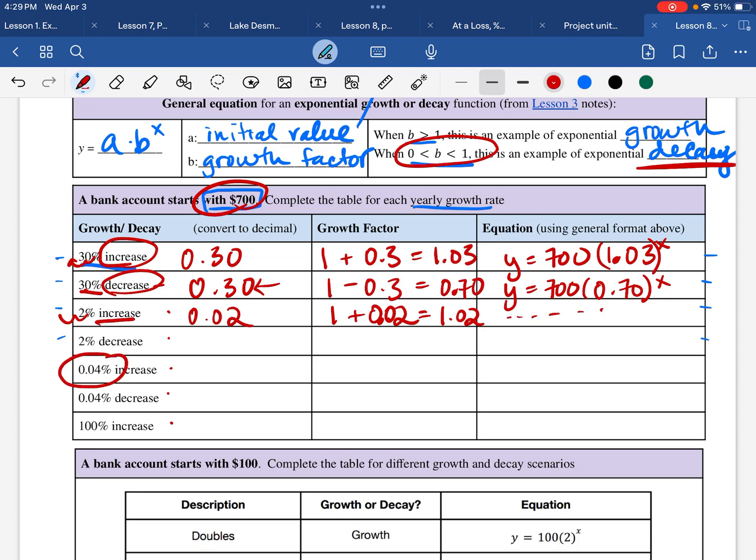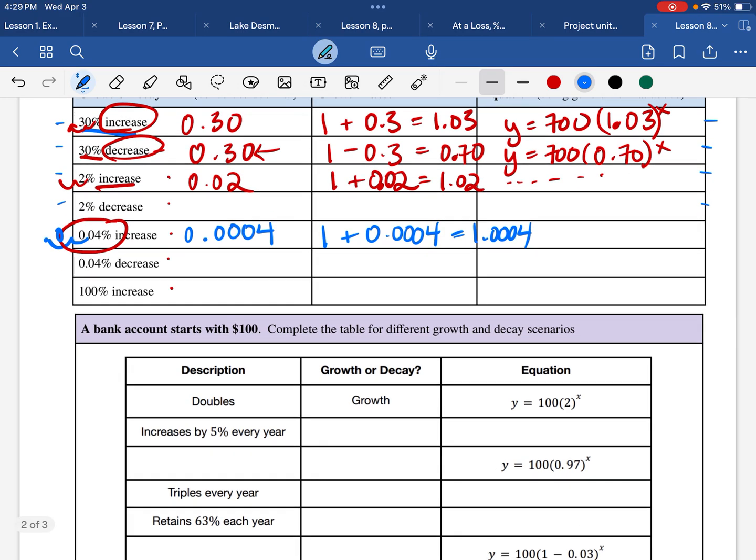It's a very small percentage. But we still have to move the decimal place 2 times to the left. So it's 0.0004. And this line is increase.